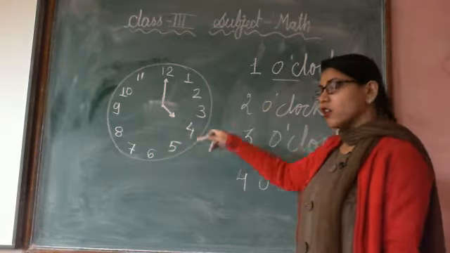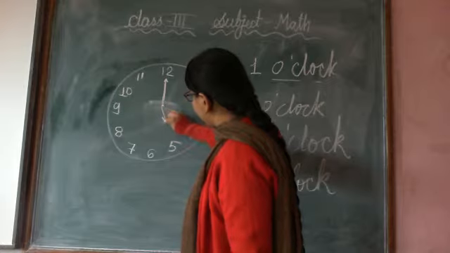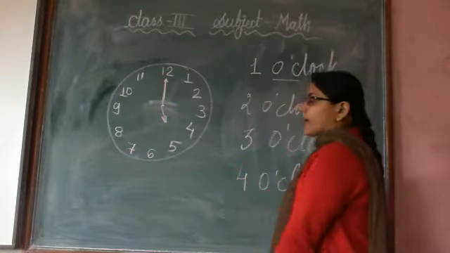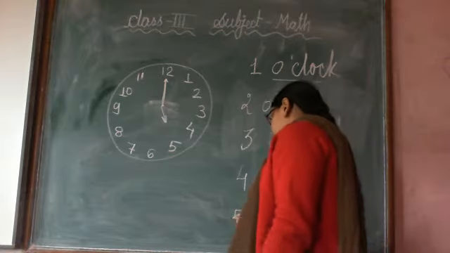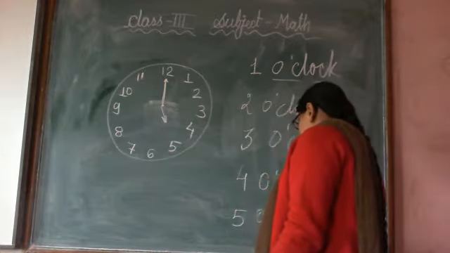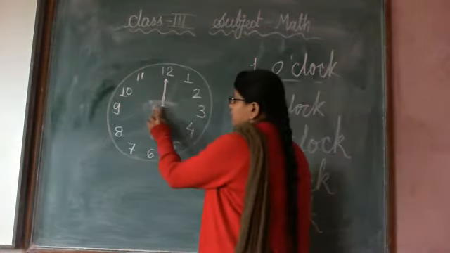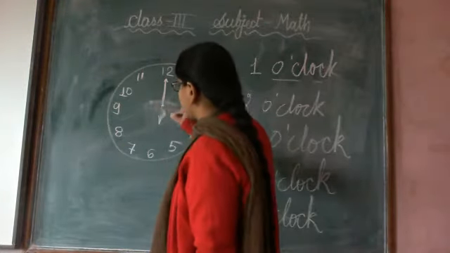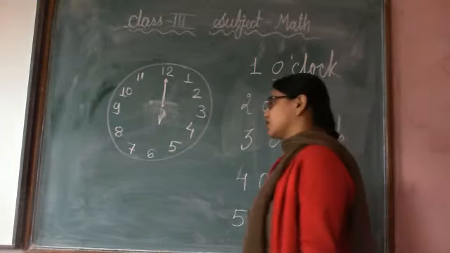Now the hour hand is at 5 and the minute hand is at 12. What will the time be? Very good, 5 o'clock. Now the hour hand is at 6. What will the time be? Very good, 6 o'clock.